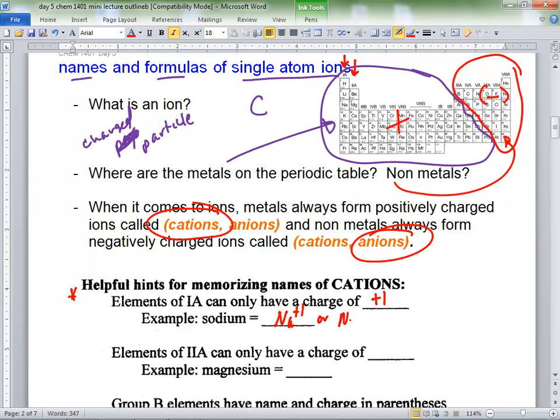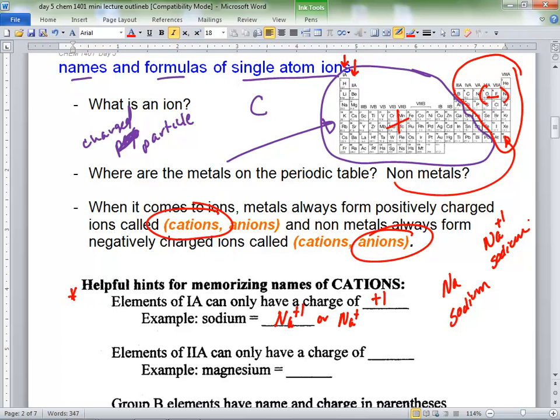A lot of people leave the +1 out. And you name that sodium. You would think you'd call it sodium 1, but you don't, because it can only be 1. So they just call it sodium. All those elements in group 1, +1.